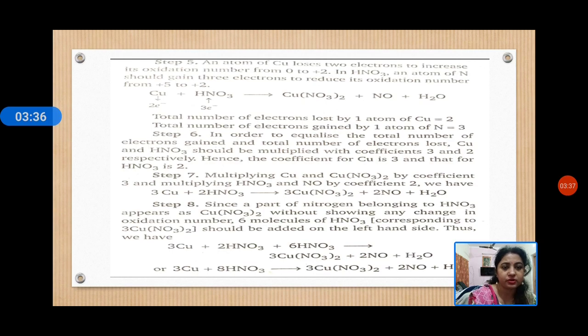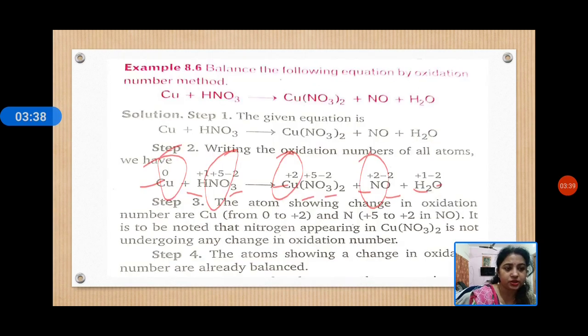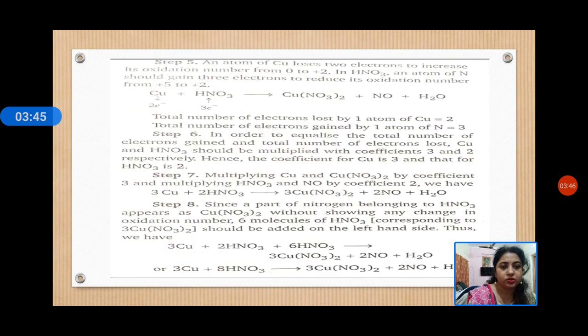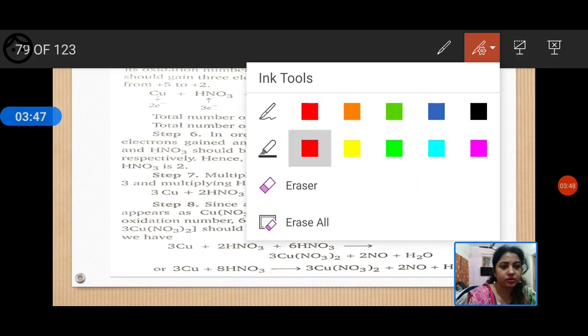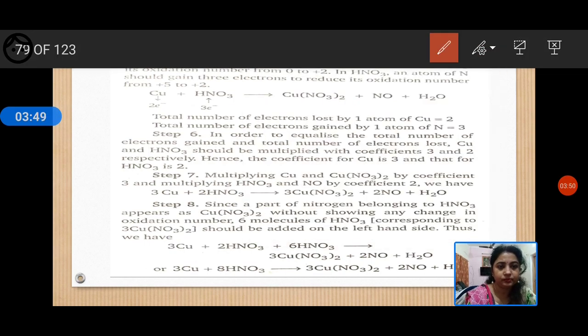The change which we have seen here: copper 0 to plus 2 and nitrogen plus 5 to plus 2. So the change in number of electrons, here copper and nitrogen.